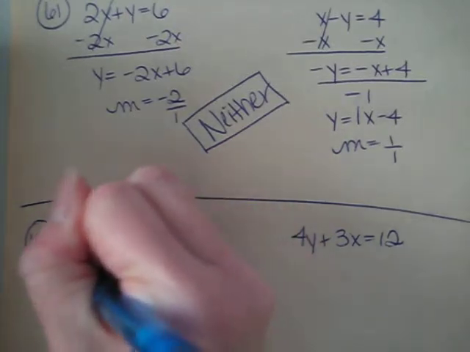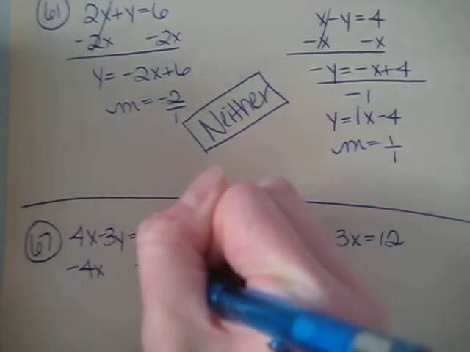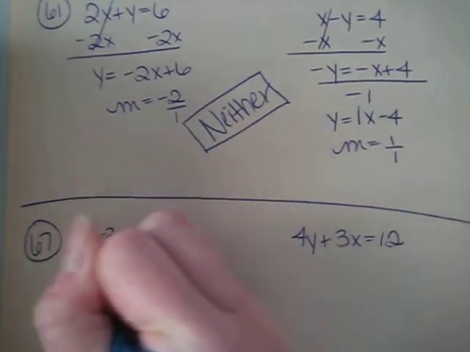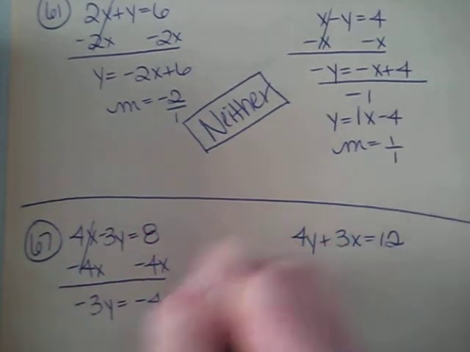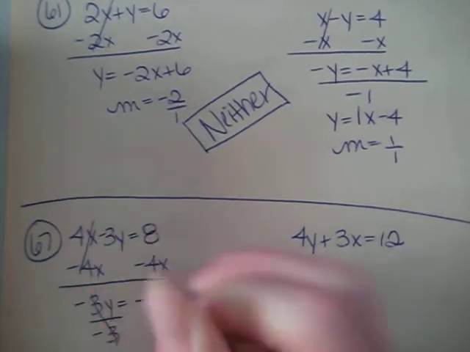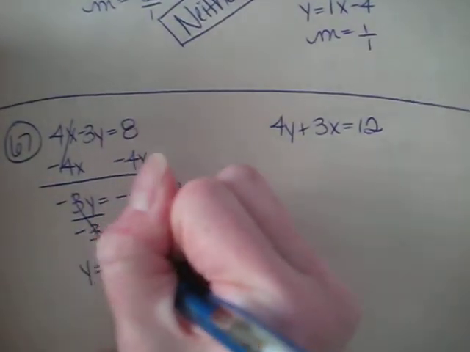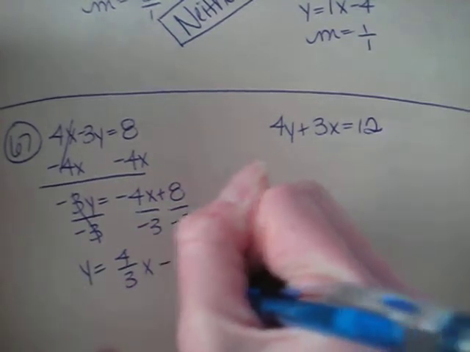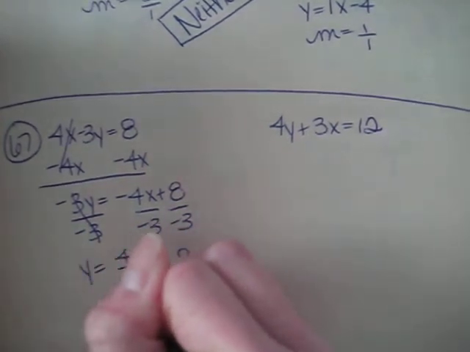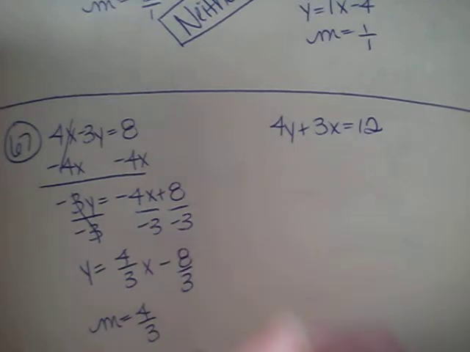Okay, I am subtracting the 4x on both sides. I get negative 3y equals negative 4x plus 8. Divide each term by negative 3. Again, don't worry about the fractions. I get y equals 4/3 x minus 8/3. My slope here is 4/3.